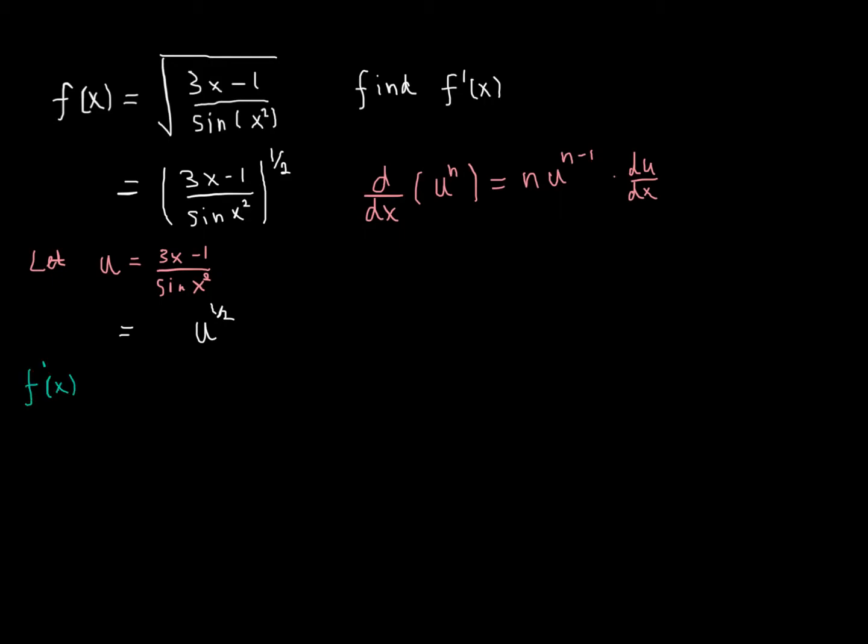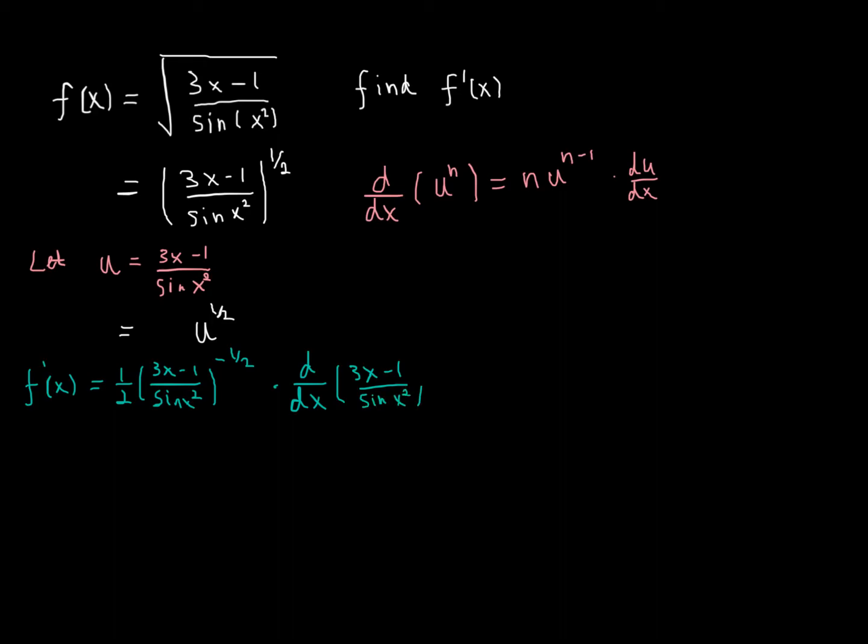F prime of x is going to be 1/2, and here I'm just going to put in for u 3x minus 1 over sine of x squared, all raised to the negative 1/2 power, times the derivative with respect to x of the inside function, or of u, and u is just this piece here. So the derivative of 3x minus 1 over the sine of x squared.